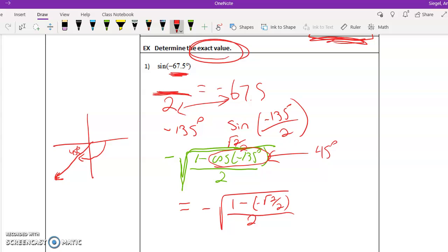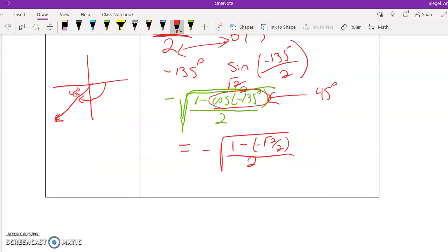Okay, so now it's just a bunch of algebra. I think what I'm going to do is multiply both the top and the bottom by 2. And don't forget that this is all underneath the square root.